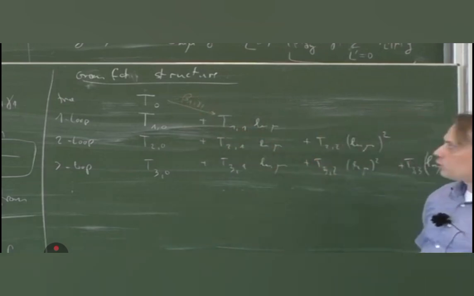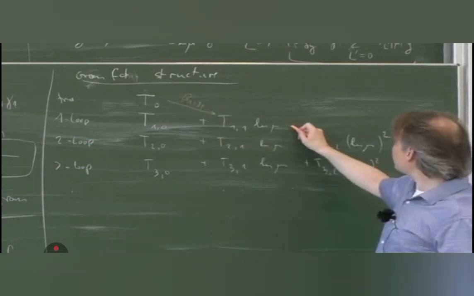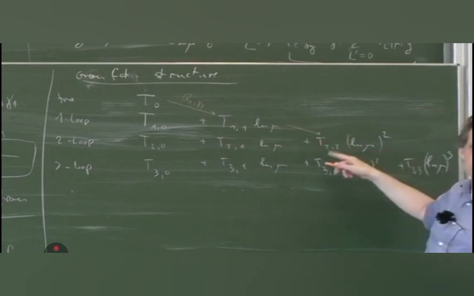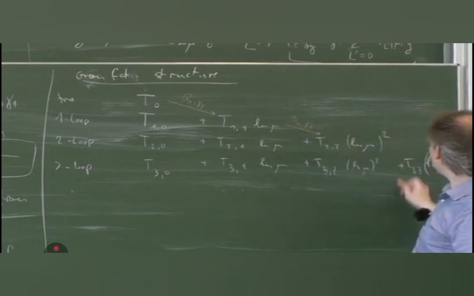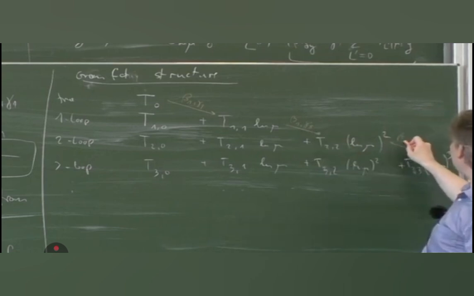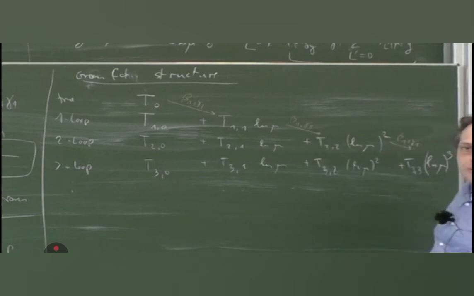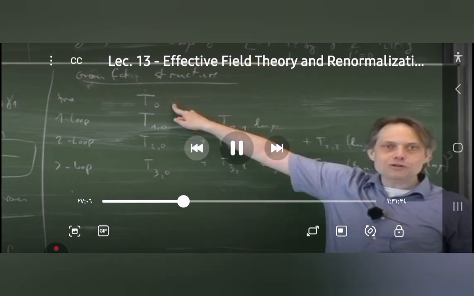And with the same one loop beta and gamma functions, you also get this log term at the next level and the leading log at the next level, and so on. So you automatically know what is determined by what.